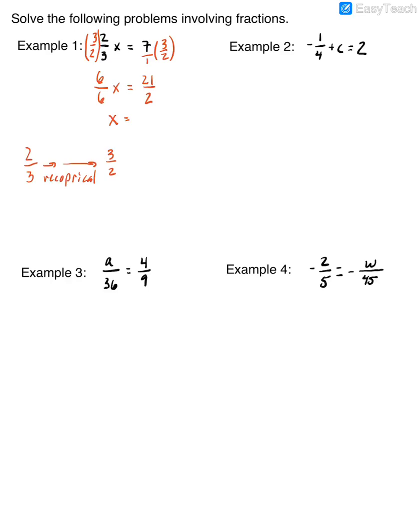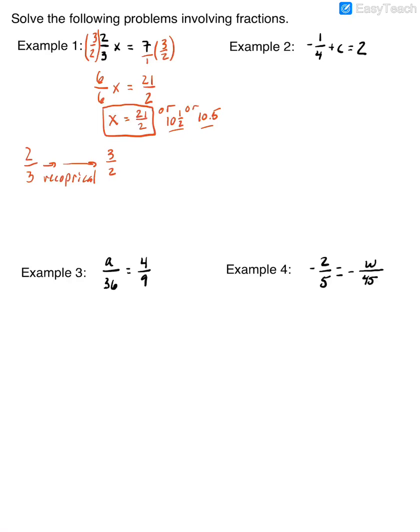Now you can either choose to leave this as 21/2, which is fine by me, or you could make this 10 1/2, or you could make this 10.5. Any of those answers are perfectly fine. I would just like you to pick one unless something else is specified to be used, but all three of those are fine.